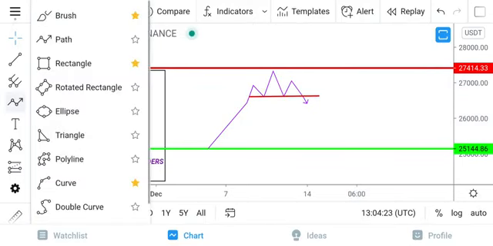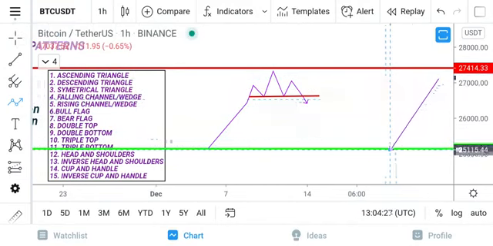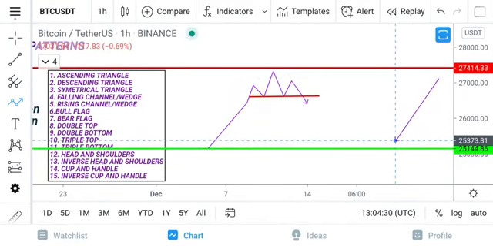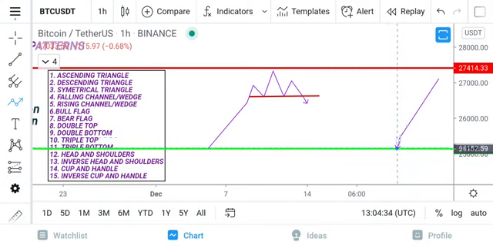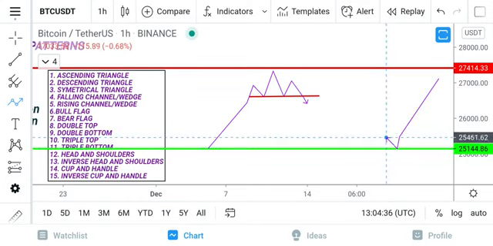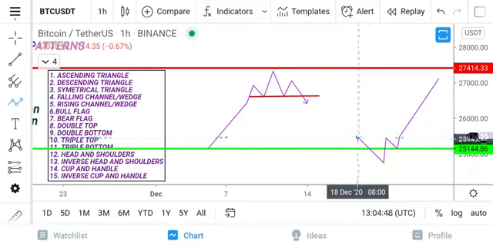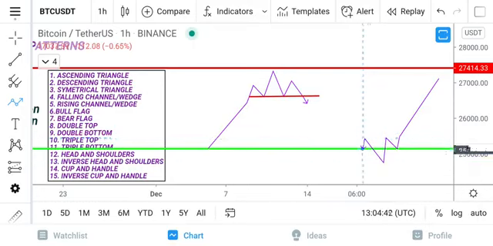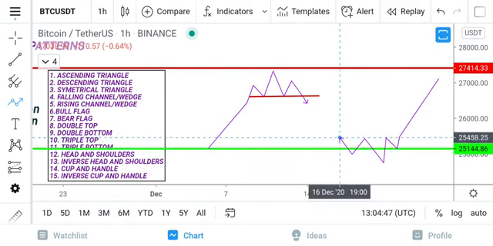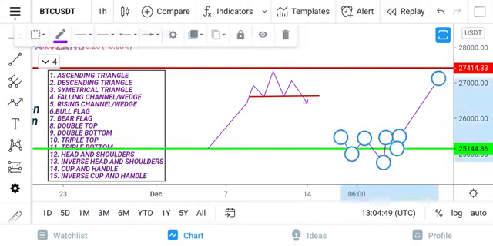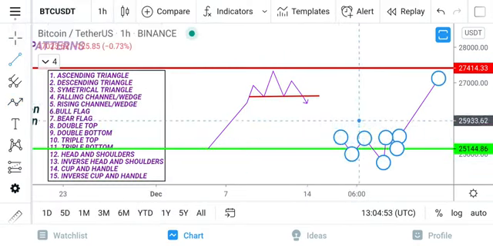For inverse head and shoulder, in a downtrend like this, the price keeps on going down. It forms a head and shoulder chart pattern like this.